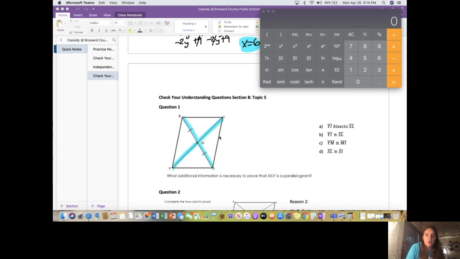But they already told us that in this picture. They told us that YI bisected SL. So we already know that, so I'm not going to choose that one.